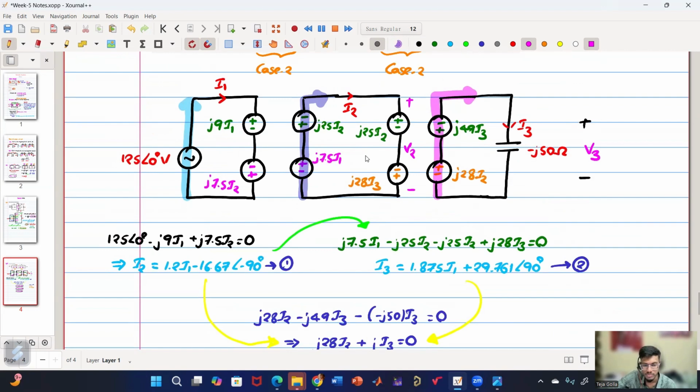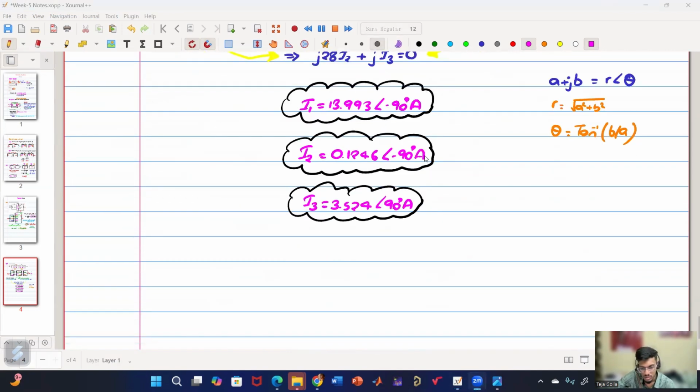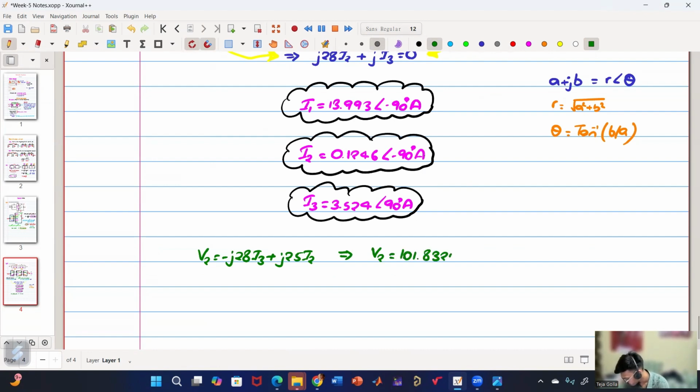Amit? Yes, sir. Okay. So V2 is minus J28I3 plus J25I2. If you calculate using this, you will get V2 is 101.8325 volt.